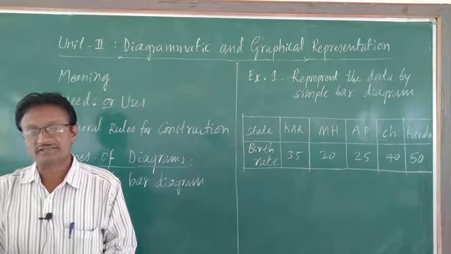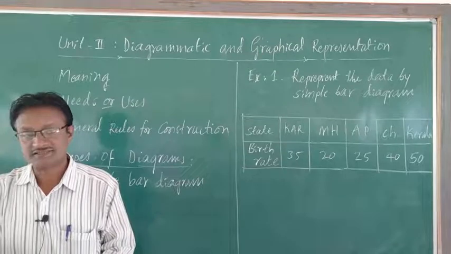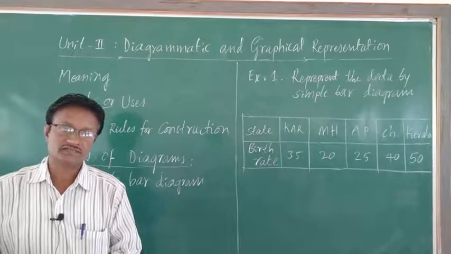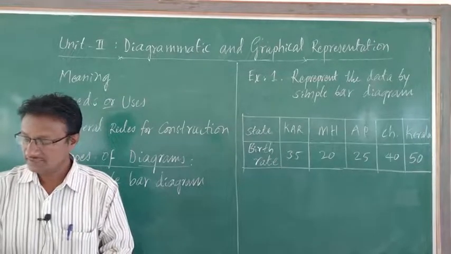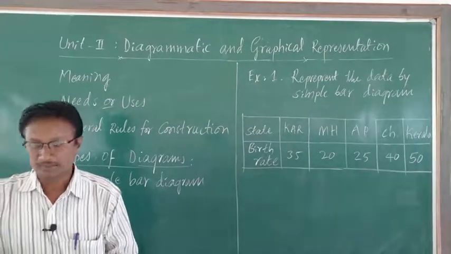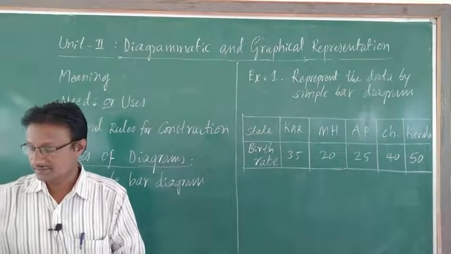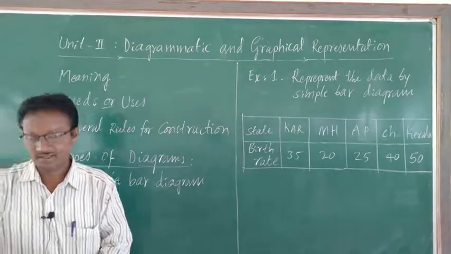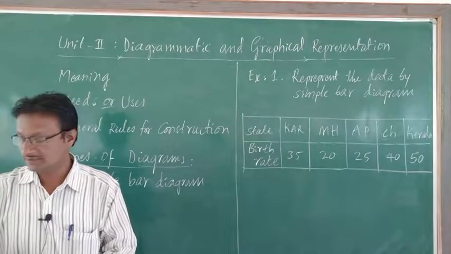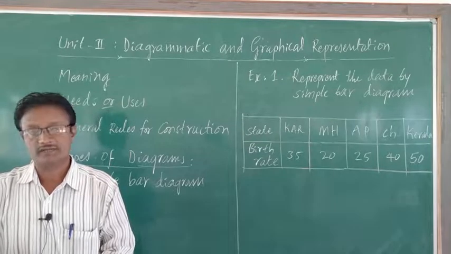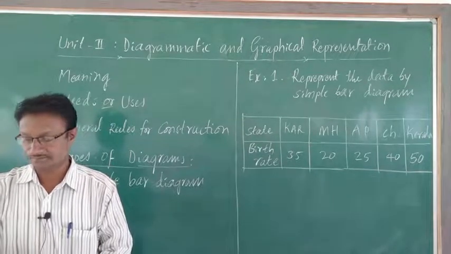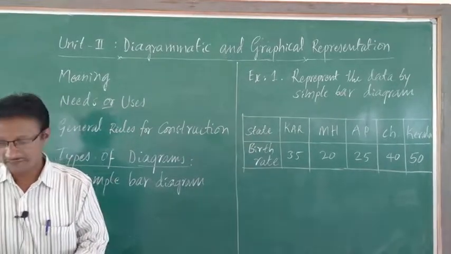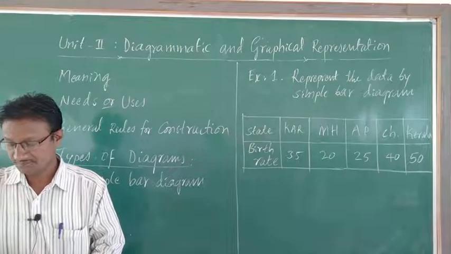That means by representing different characteristics in the same diagram or a graph, a comparative study can be made. Next, the impressions created by them are long lasting. Diagrams and graphs stay in the memory of readers for a very long period of time. These are the advantages or uses of diagrams and graphs.